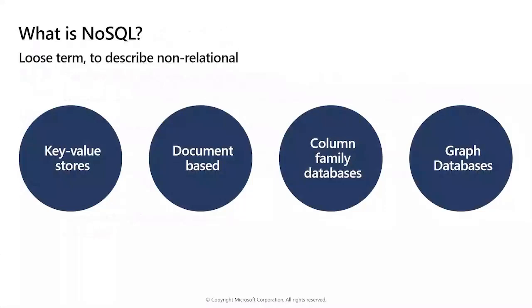Now, a key value store is the simplest and often quickest type of NoSQL database for inserting and querying data. So each data item in the key value store has 2 elements. It's got a key and a value. And the key uniquely identifies the item, and the value holds the data for that item.